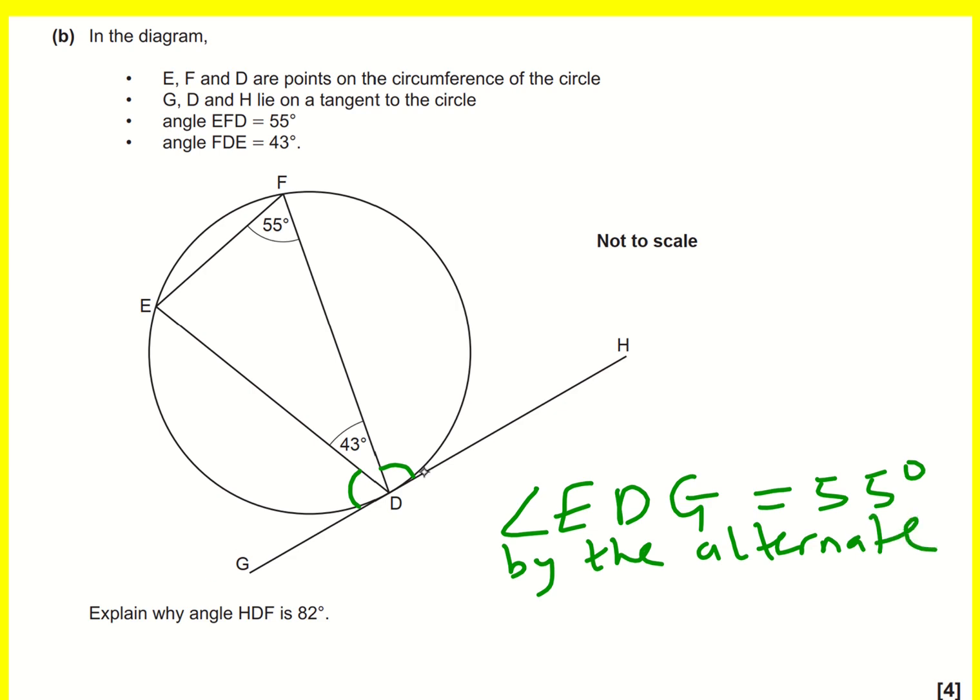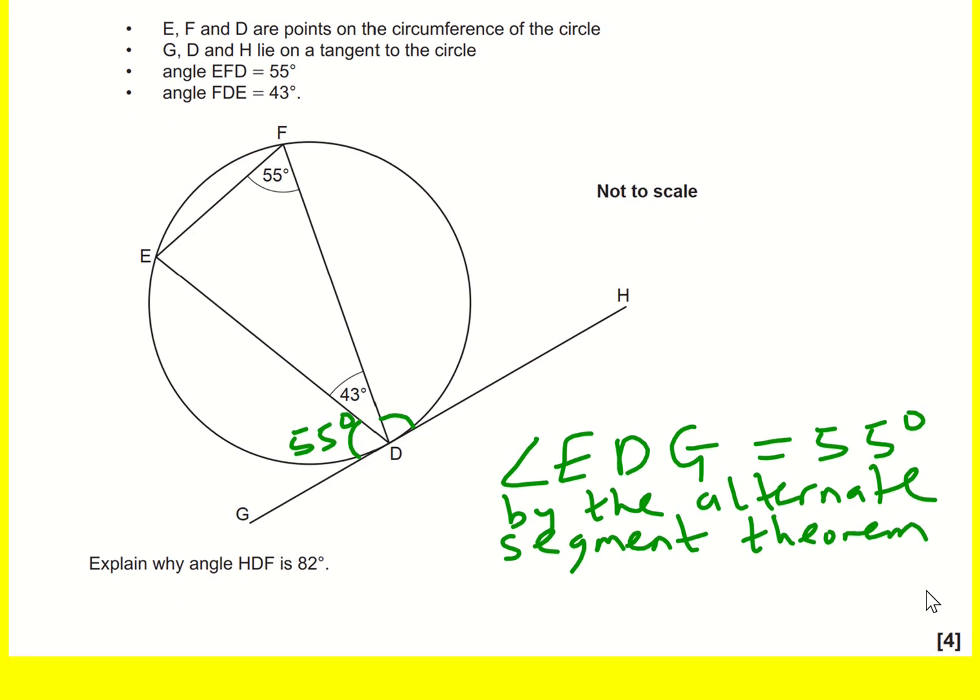Whenever you see a tangent next to a circle and then a triangle drawn inside, it's pretty much always going to be the alternate segment theorem. Yeah, it says that these two are the same. And then we're basically there.